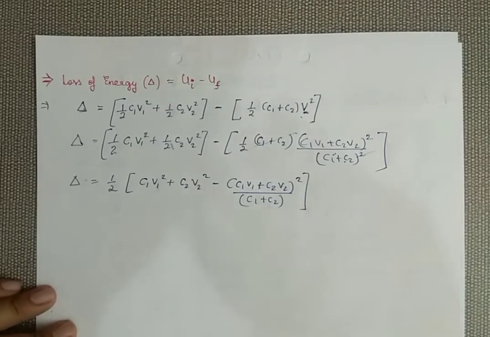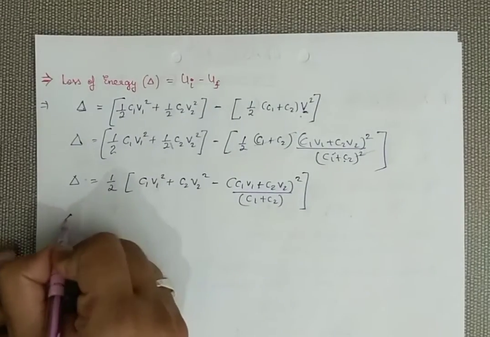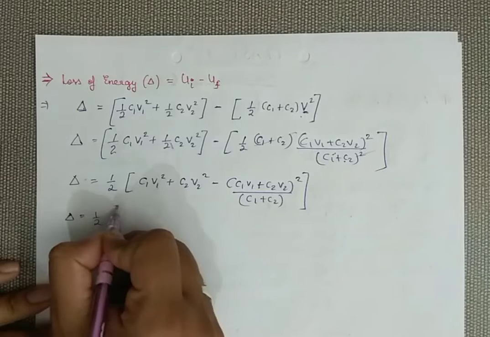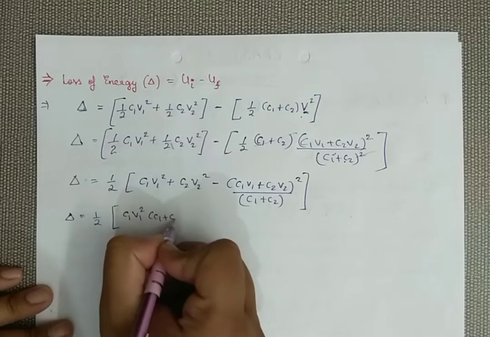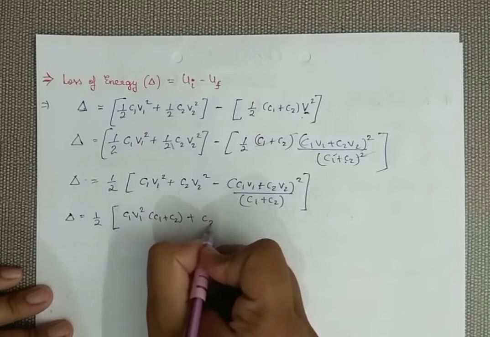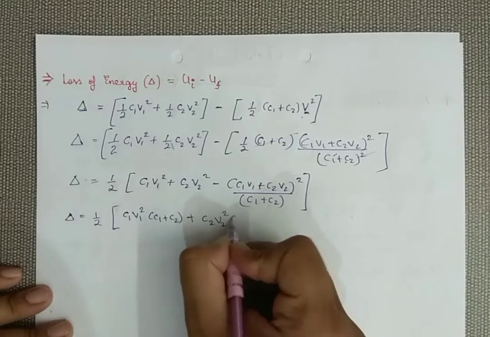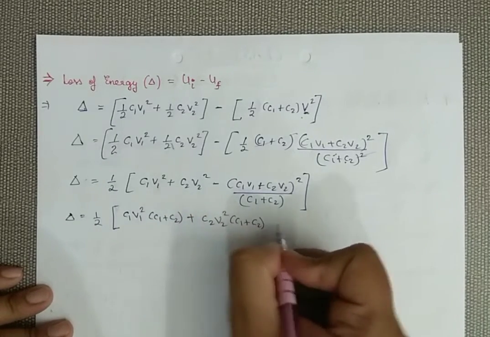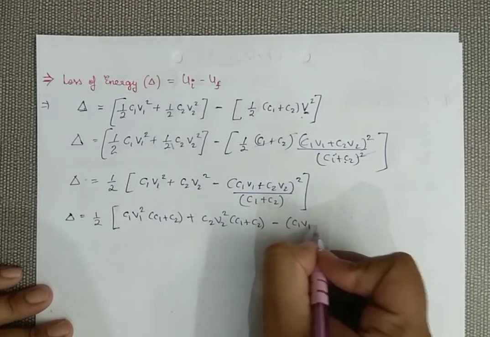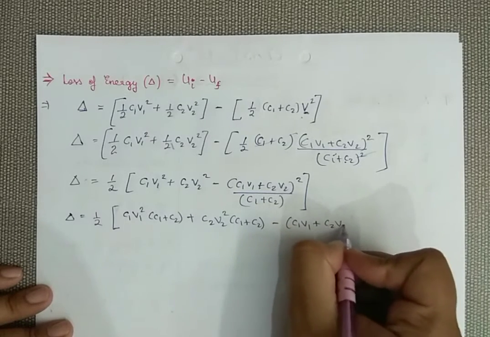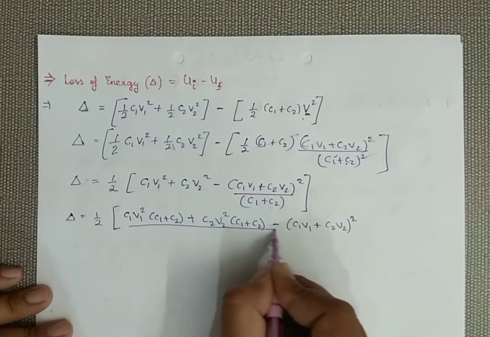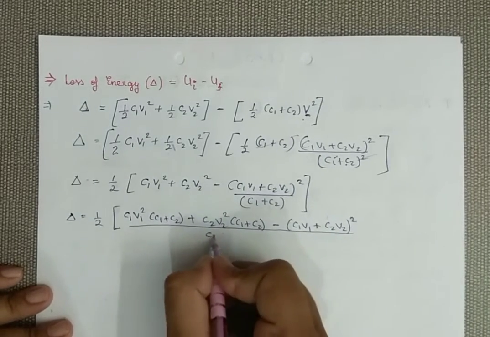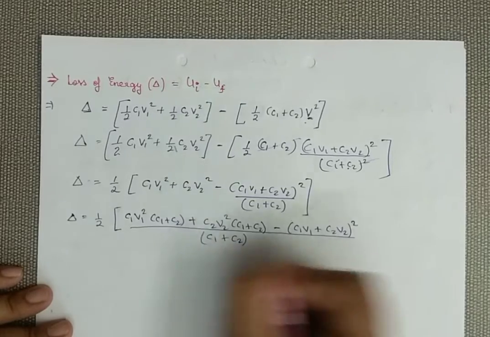So taking the LCM of this factor, C1 times V1 square times C1 plus C2, plus C2 times V2 square, again times C1 plus C2, minus C1 V1 plus C2 V2 whole square, and the expression is divided by C1 plus C2.